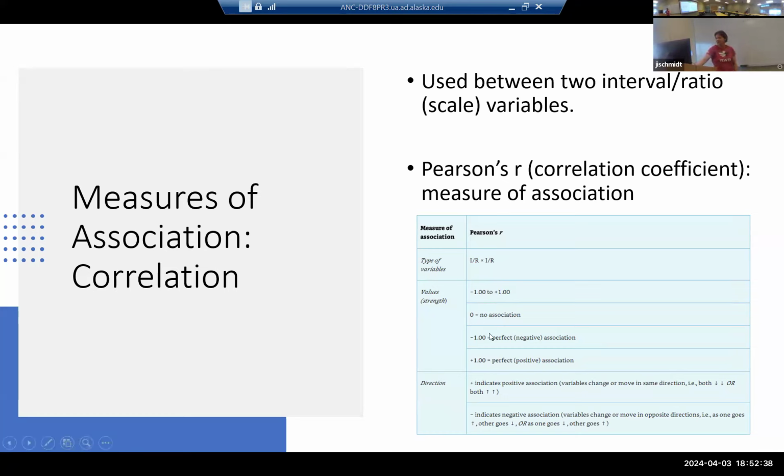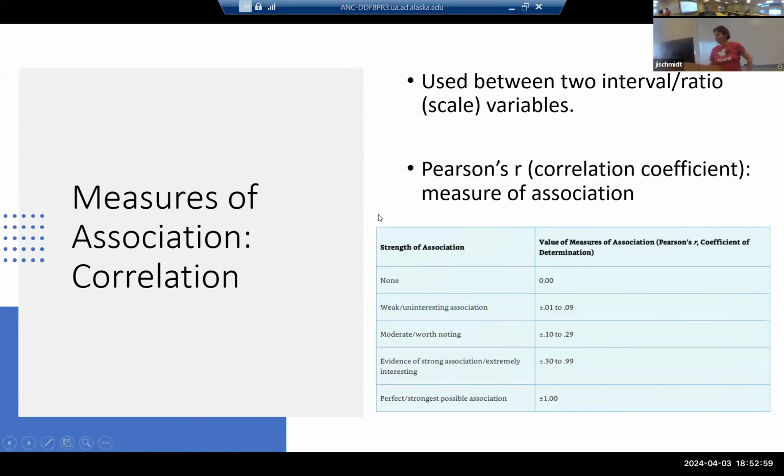Again, it goes from 0 to 1, and it does have a direction, with negative being the opposite. When one changes one way, the other changes the other way. Positive means there's a positive association; they change in the same direction. So, Pearson's R.